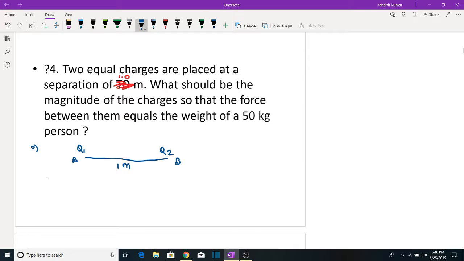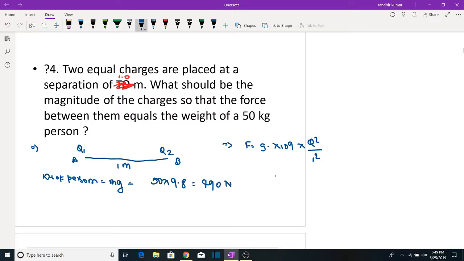So total weight we find. Weight of person is equal to m into g, mass into constant, 50 into 9.8, that is 490 Newton. And if we find force, then we also find charge magnitude. Force equal to 9 into 10 to power 9 into coulombs square upon separation 1 meter square, that is 1 meter square.